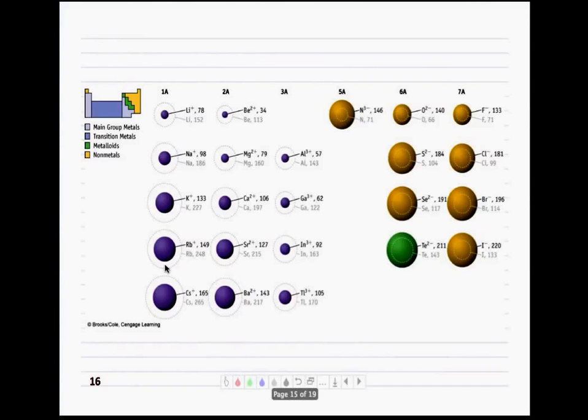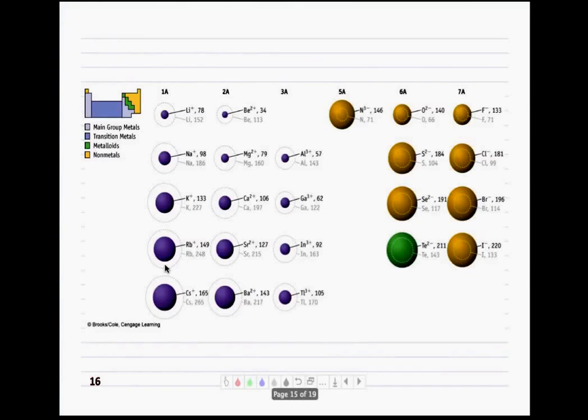So the cation radius in the same group increases as we go down in a group. Okay? So the trend is the same, and it is the same for example for 2A.